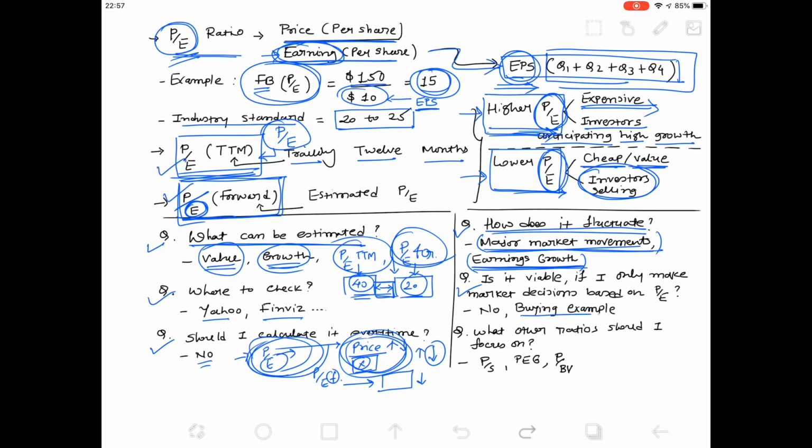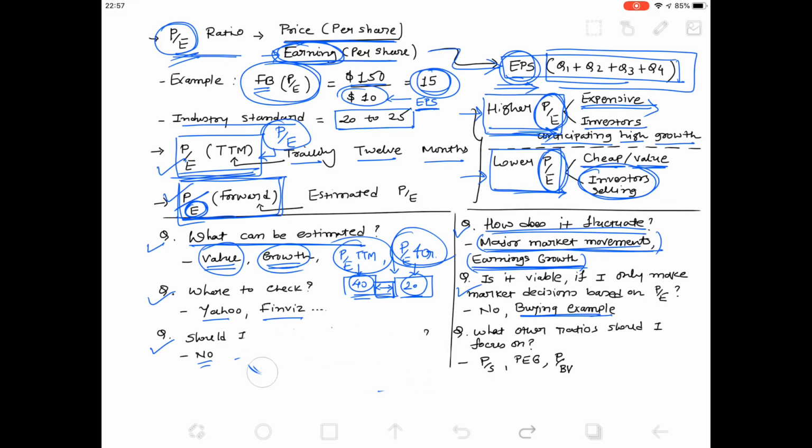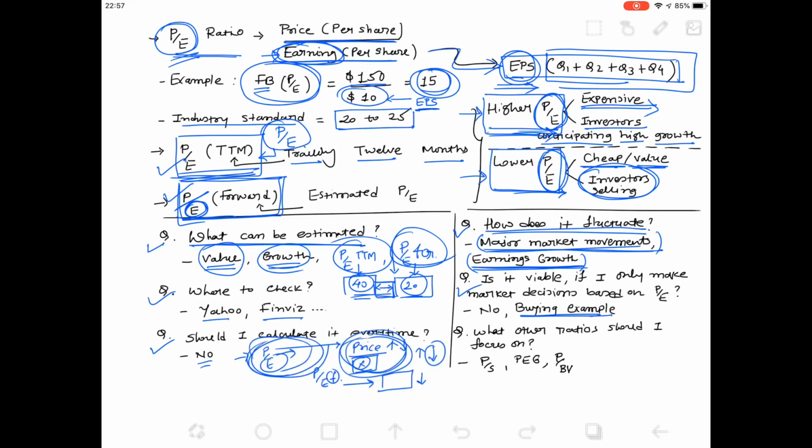Now, how do I buy the stock? I'll give you an example here. Let's say I want to buy, for example, Micron Technology. Stock ticker is MU.